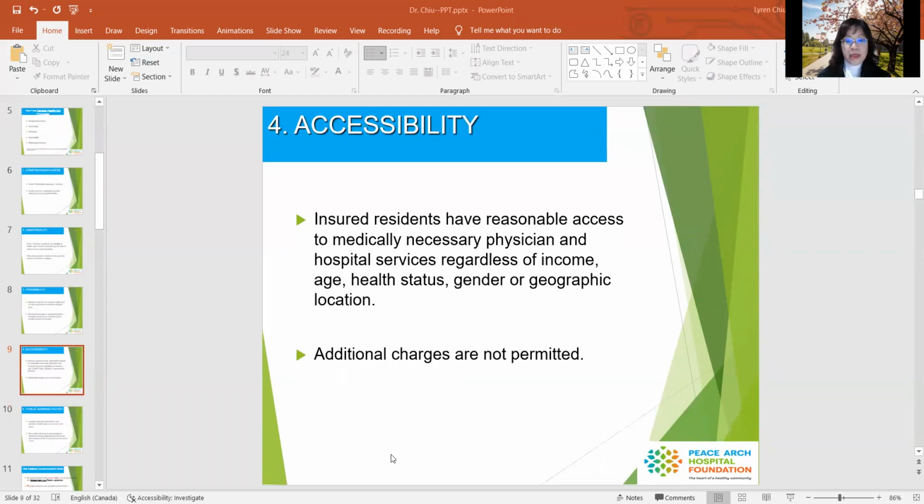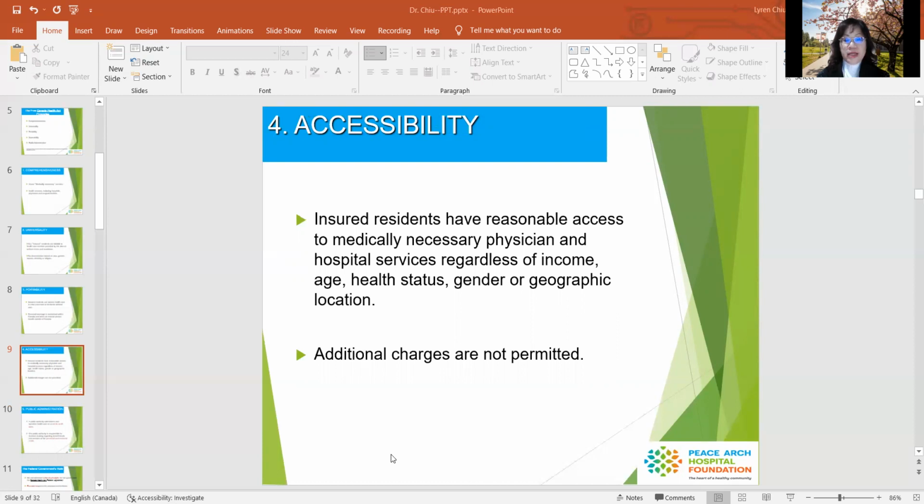Accessibility. The provincial and territorial plans must provide all insured persons reasonable access to medically necessary hospital and physician services, regardless of income, age, health status, gender, or geographic location.